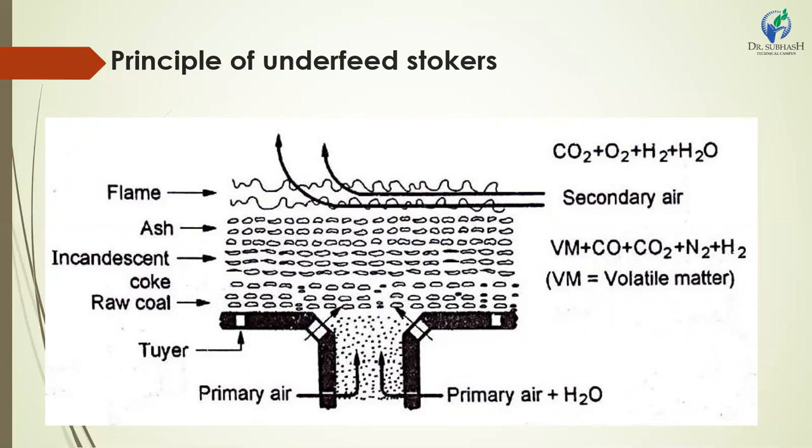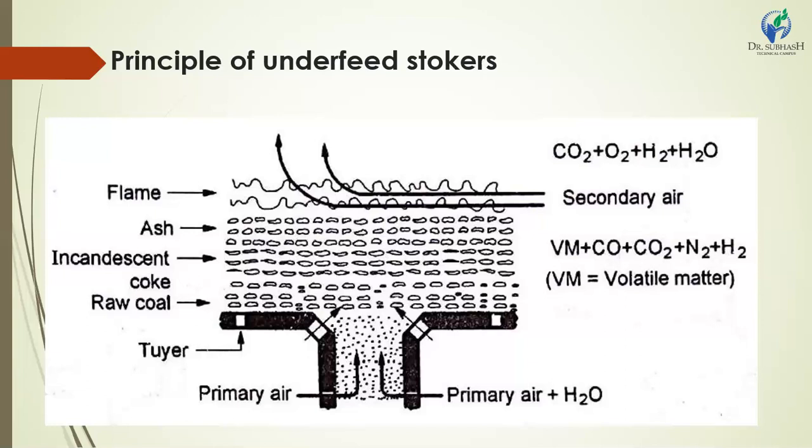As it diffuses through the bed of raw or green coal, it meets volatile matter generated by the raw coal. The air mixes with volatile matter and passes through the incandescent zone and then enters the radiation of incandescent coke, where reactions similar to overfeed stokers and breaking of the molecular structure of volatile matter take place.